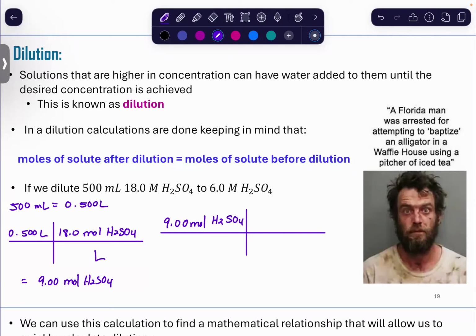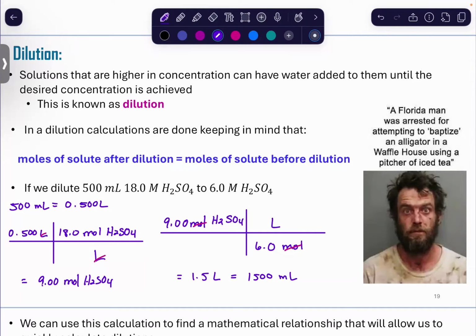This time I'm going to divide by the molarity, 6.0 moles per liter. And of course, you see liters cancel, it divides out, moles divides out. This will give me 1.5 liters or 1,500 milliliters of solution.